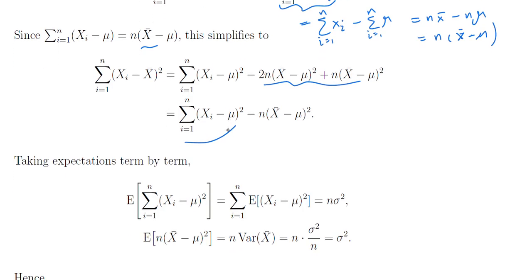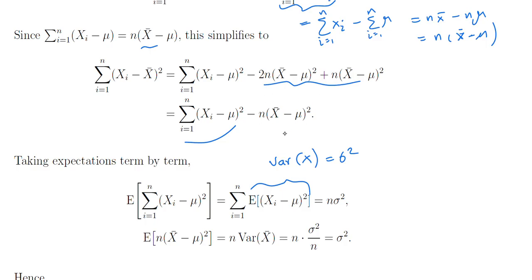So the expected value of the first term: we know that expected value is a linear operator, so the expected value of a sum is the sum of the expected values. But from the definition, this term is the variance of x. That's how we define variance, which is sigma squared. So we are summing sigma squared n times, which gives n sigma squared.